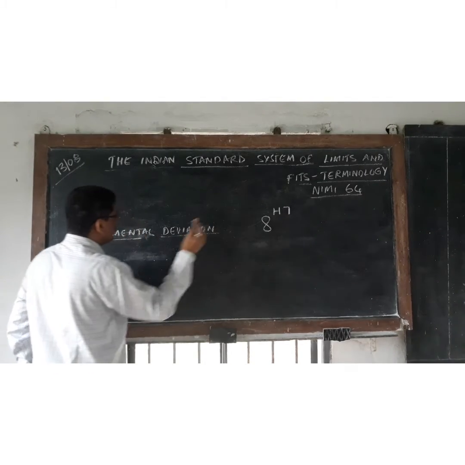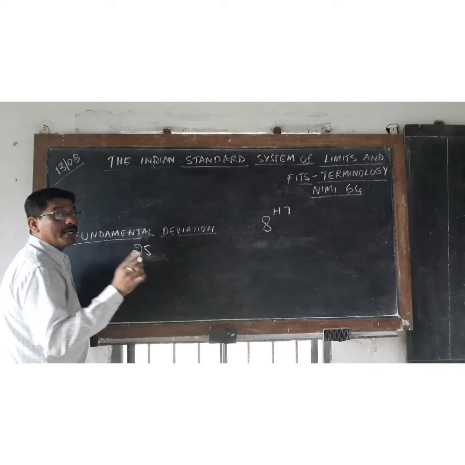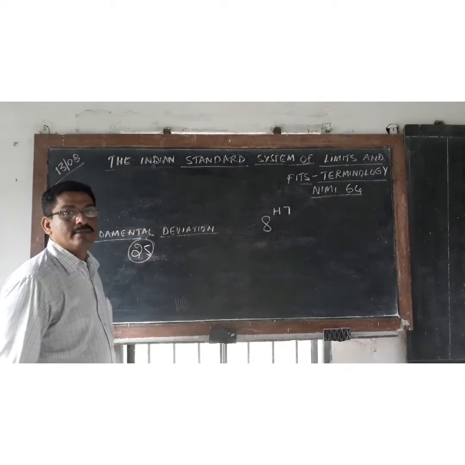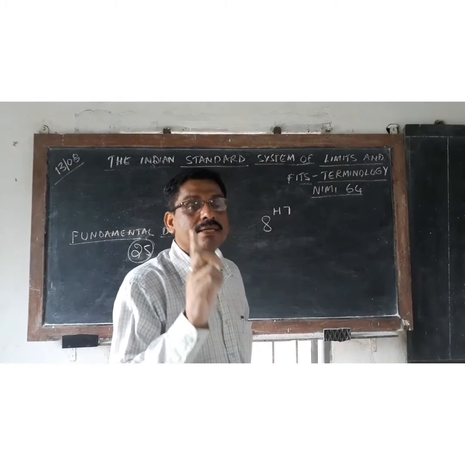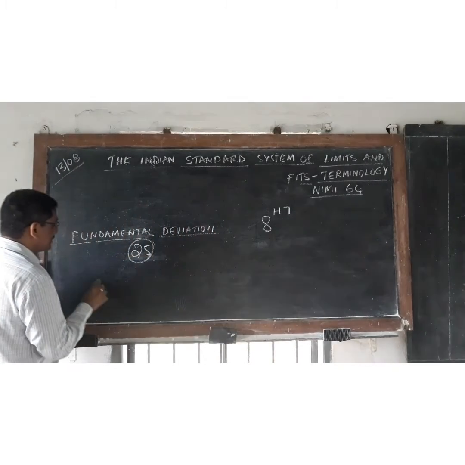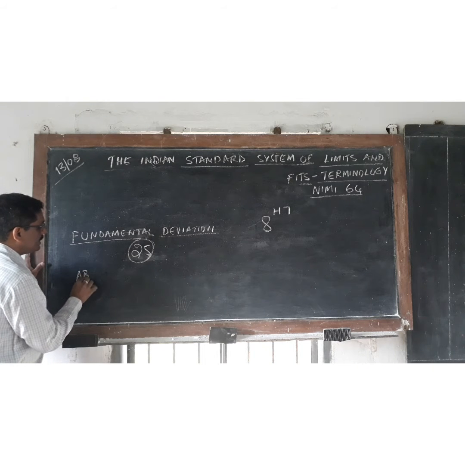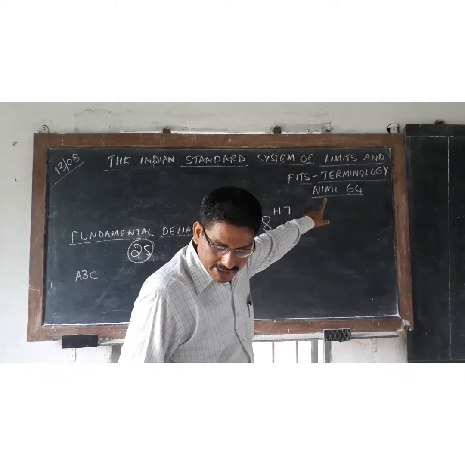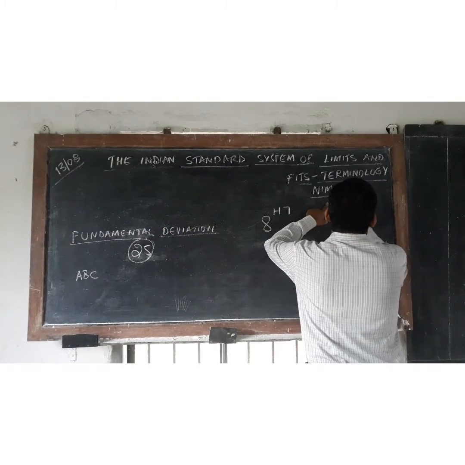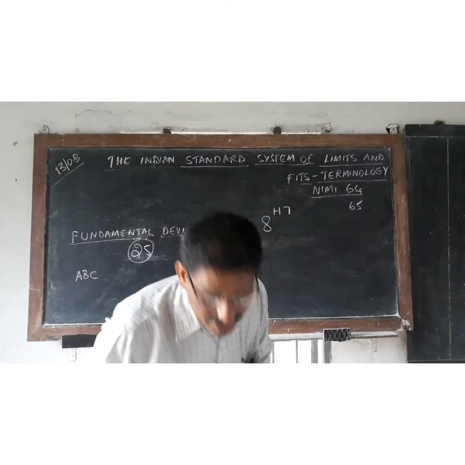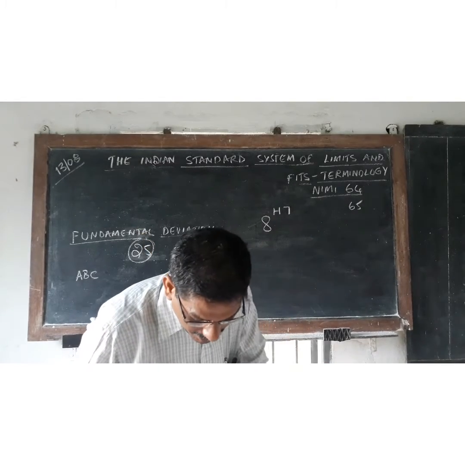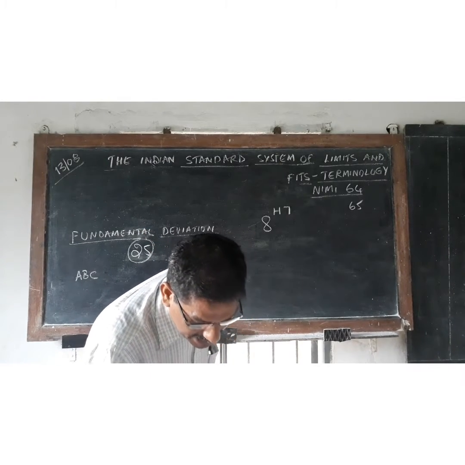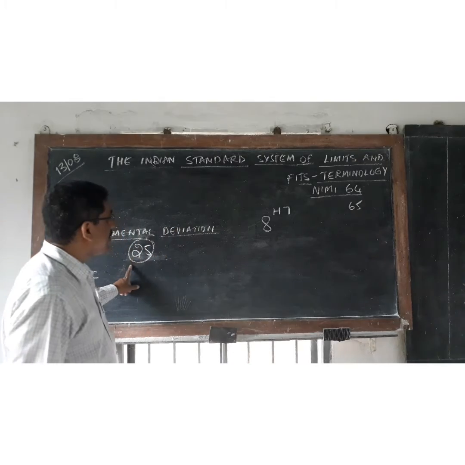There are 25 fundamental deviations, this is very important, keep it in mind, that start from A, B, C. It is there in your book, in my book page number 64, 65. There are 25 fundamental deviations as per Bureau of Indian Standards.